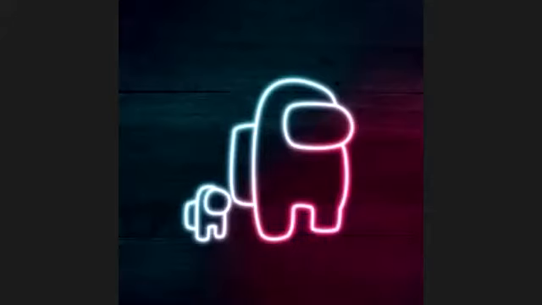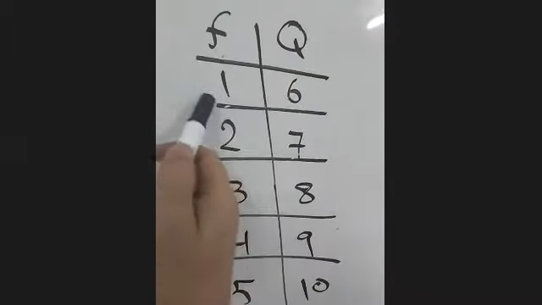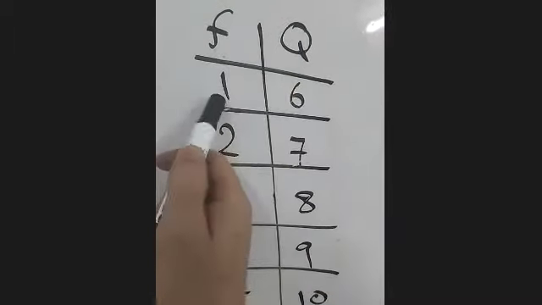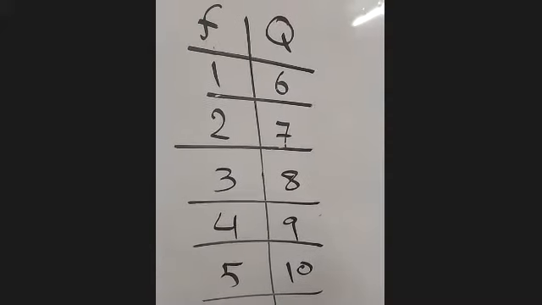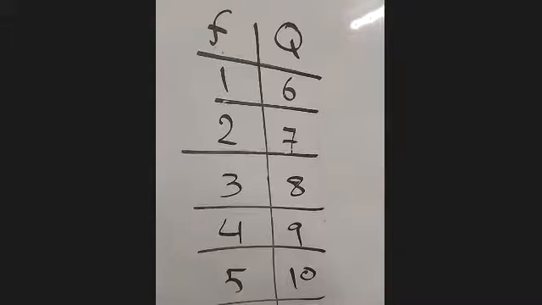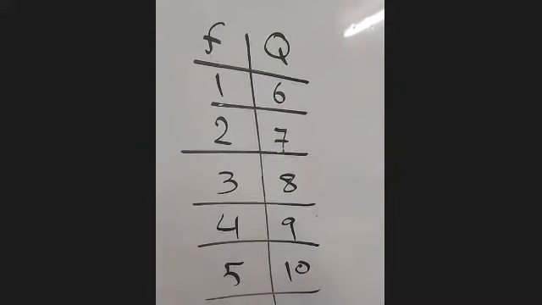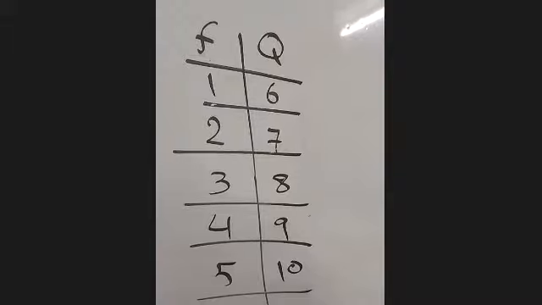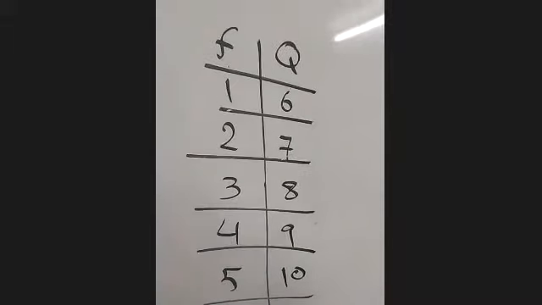In F, the 1, I'm asking you, focus with me, Omar, how does the 1 become 6? By adding. Adding how much? Don't just say adding. By adding 5. How does the 2 become 7? Also by adding 5. How does the 3 become 8? Quickly.